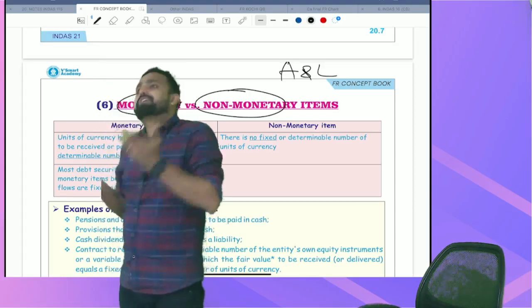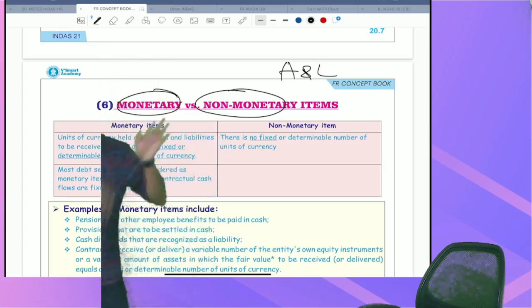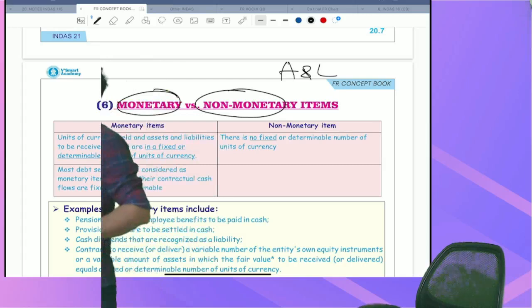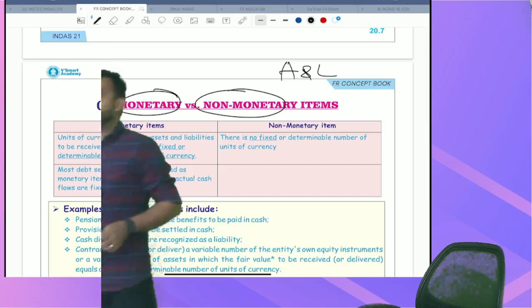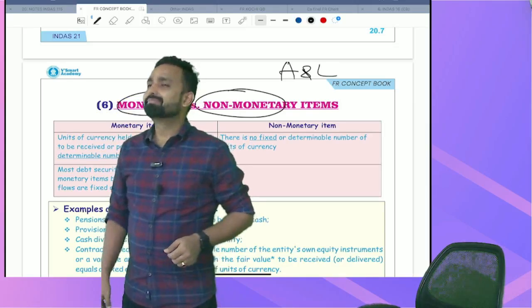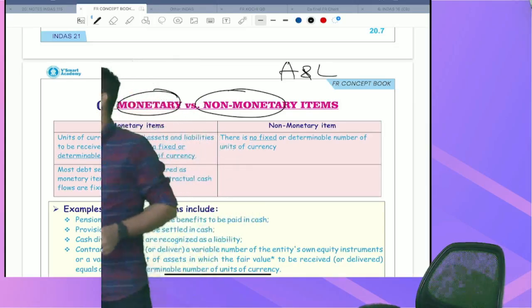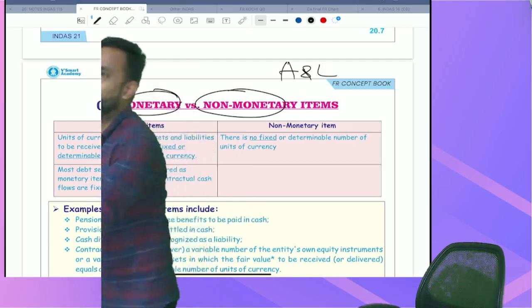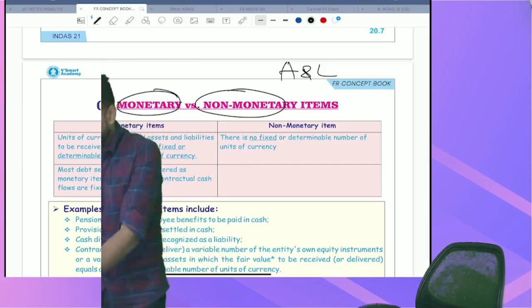I know the value of $10,000 in rupee terms may fluctuate, but in dollar terms it is fixed. So it will become FCMI. MI is monetary item, FC is foreign currency. So what is FCMI? Any monetary item which is denominated in foreign currency. Simple. Okay. Took a borrowing from India.